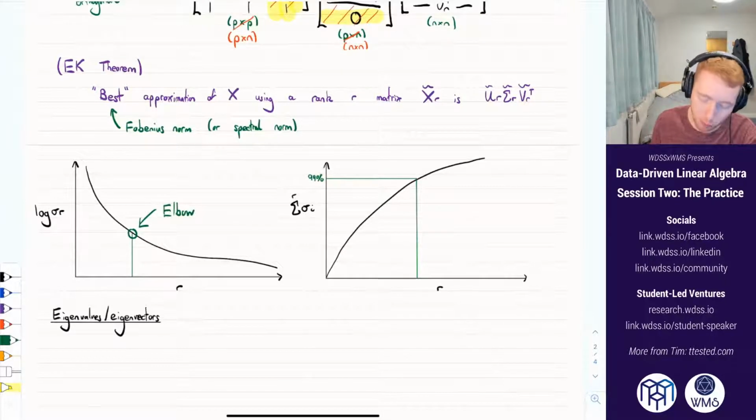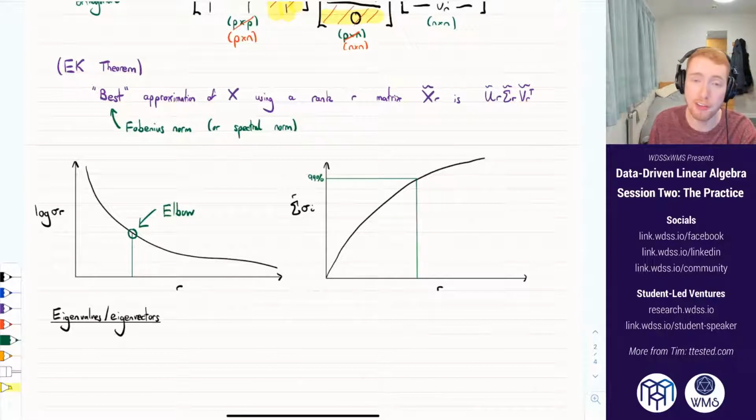Another way of looking at it would be to take the sums of our sigmas and ask at what point we have, say, 90%, 99%, or maybe even more of the information in X represented, because these sigmas represent how much information we captured. Once we have maybe 99%, we can cut off there, and that will determine our R.